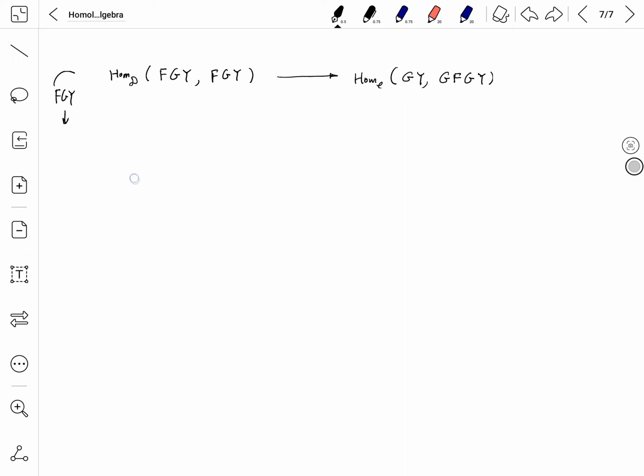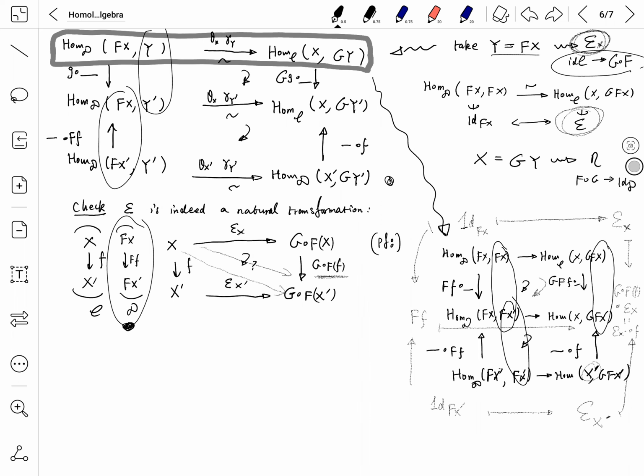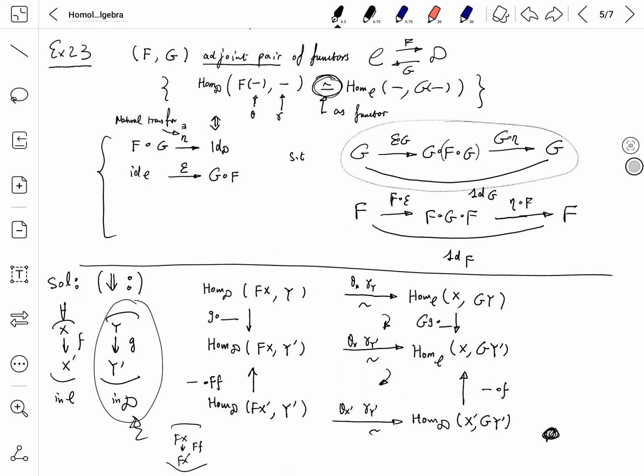Actually, we're considering this morphism, so Fg. y is an object in category D. F composed with G is also a functor over D, from D to itself.